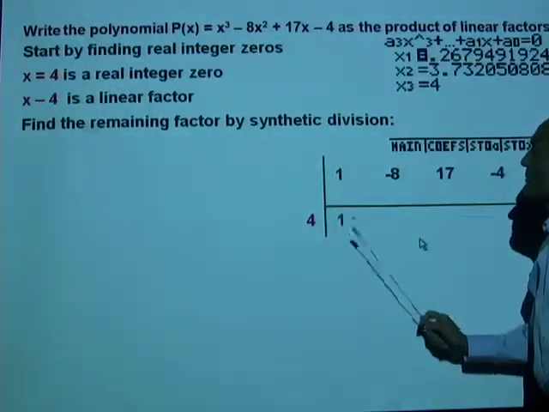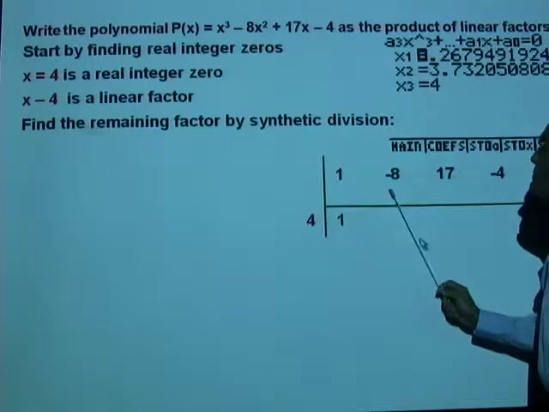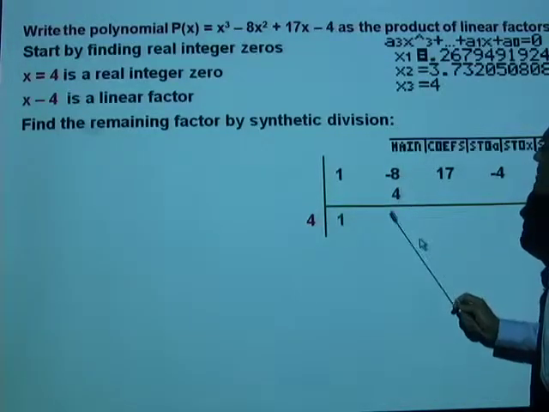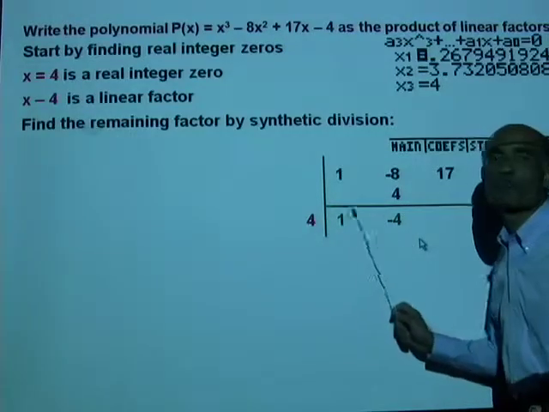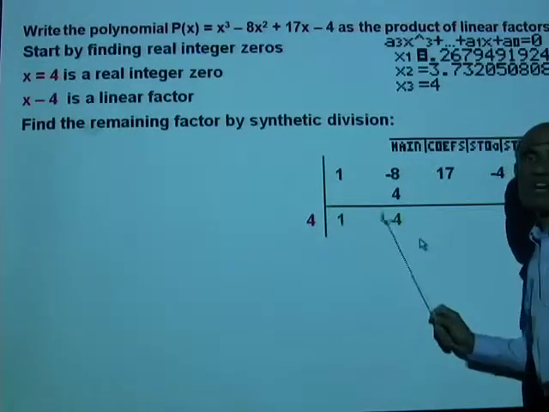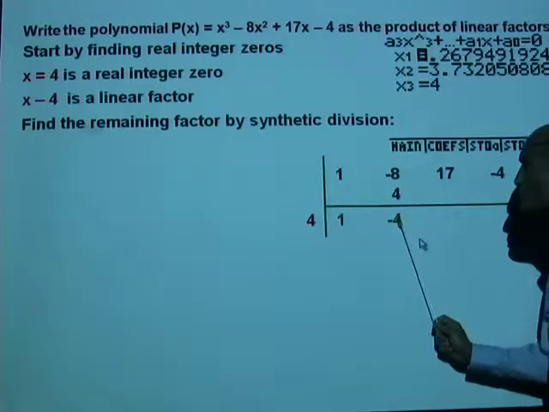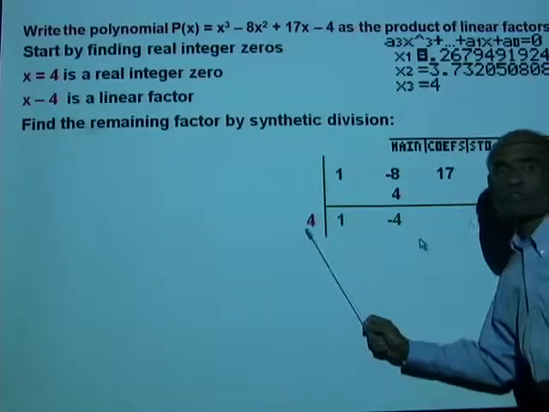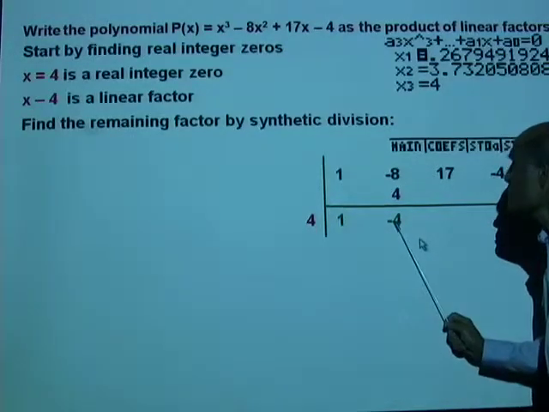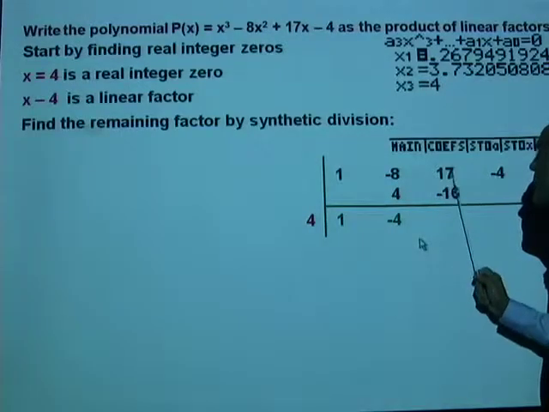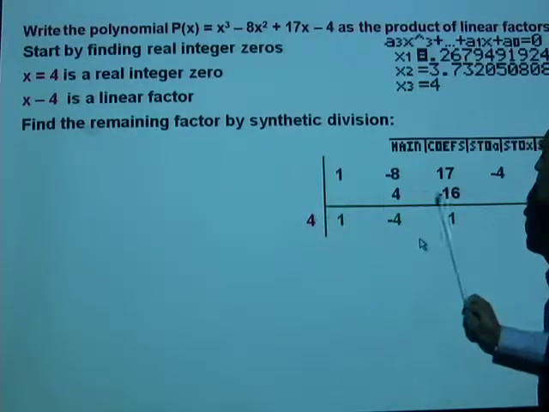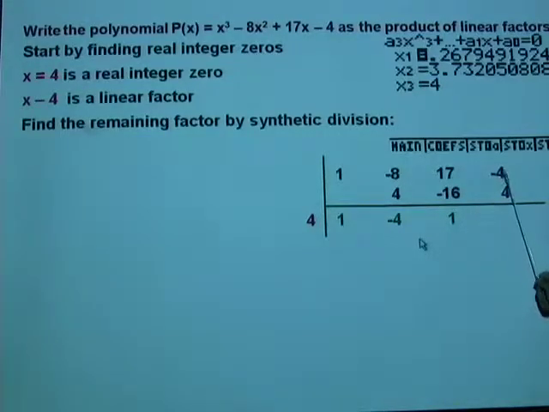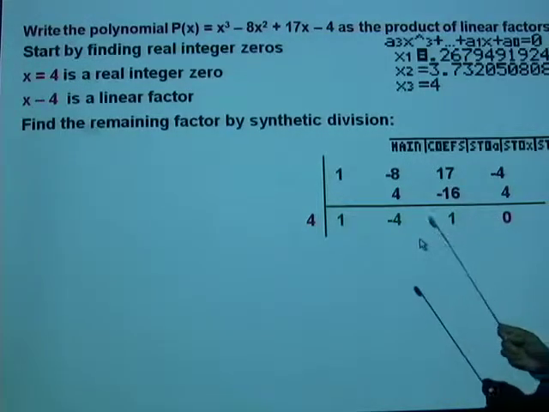Bring down the 1. 1 times 4 is 4. Negative 8 plus 4 is negative 4. We have been doing this for so long, I'm sure this is now very familiar to you. What's the next step? Negative 4 times 4 is negative 16 over here. Add them together, there is 1. 1 times 4 is 4. Adding gives you 0.